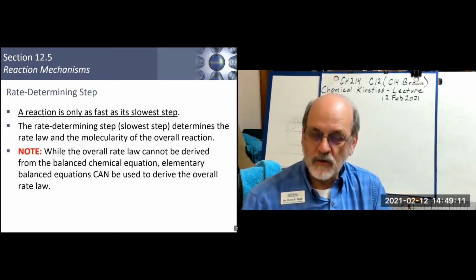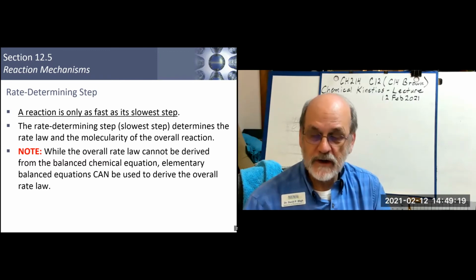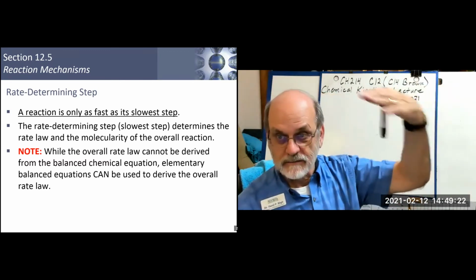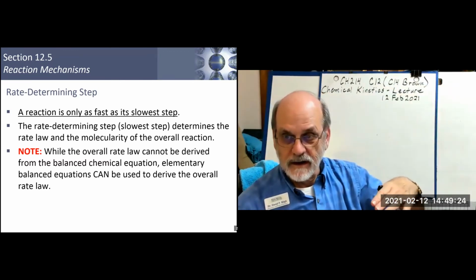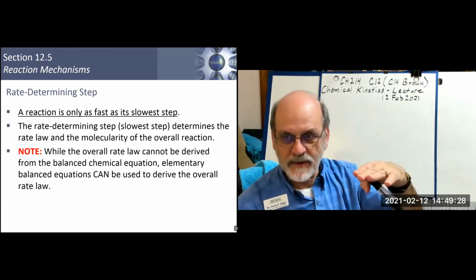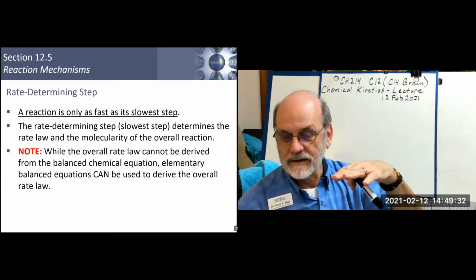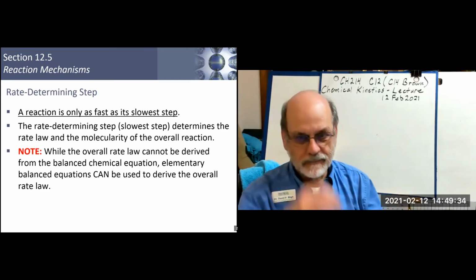So when you're writing the rate law, you can write the rate law in terms of the slowest step, because it doesn't matter how fast anything before it is, or how fast anything after it is, because that step carries all the weight in determining the rate.